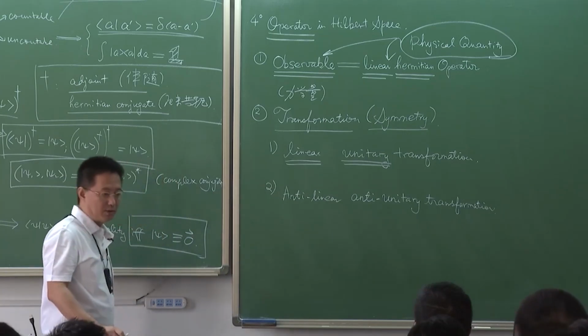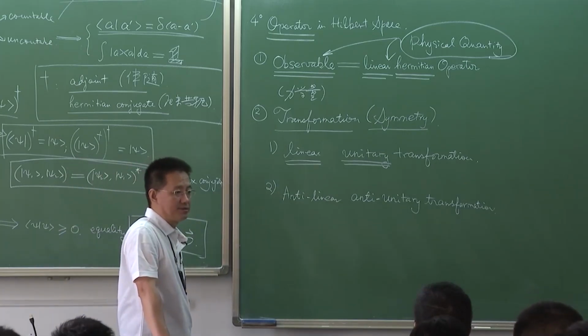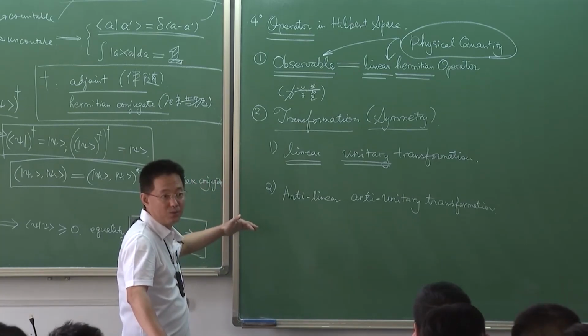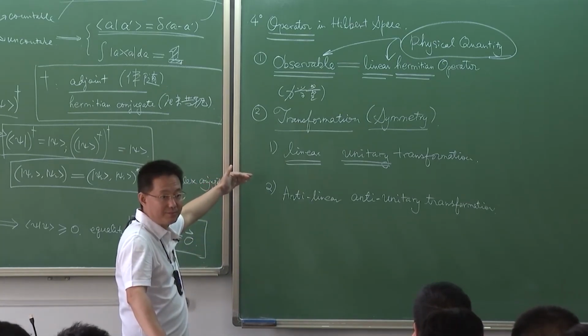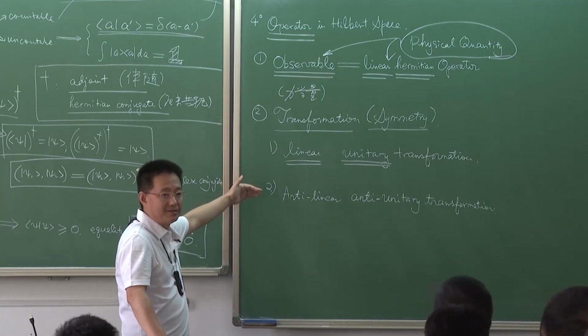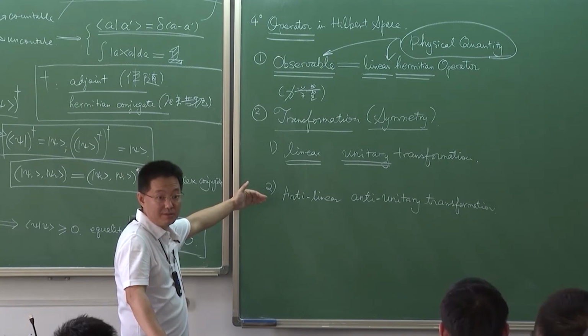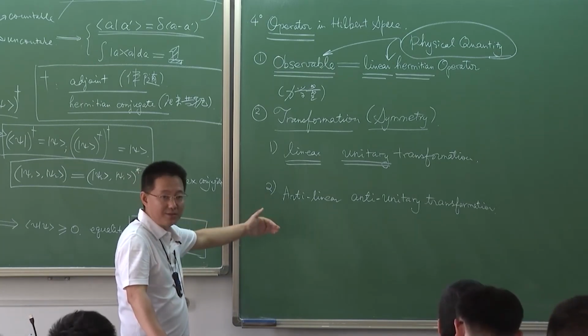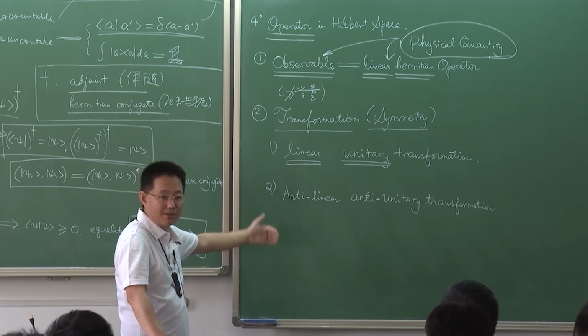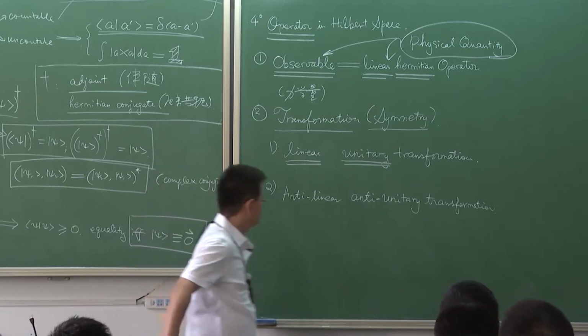So, in quantum mechanics, operators play a role in these two aspects. One is the observable. The observable is connected with measurement. The observable is something that can be observed, which means it can be measured.